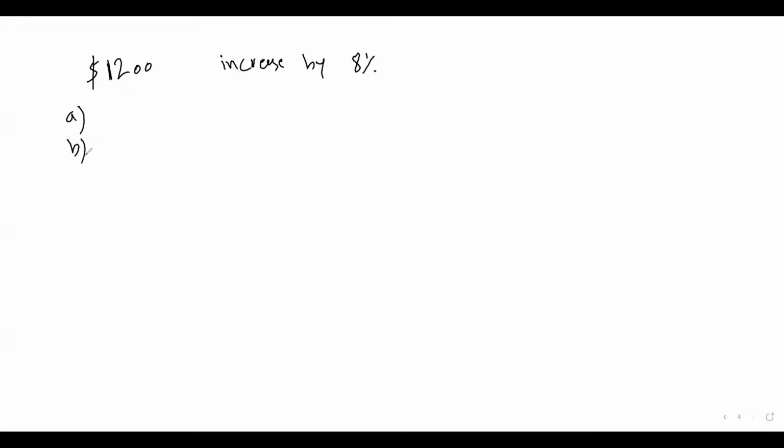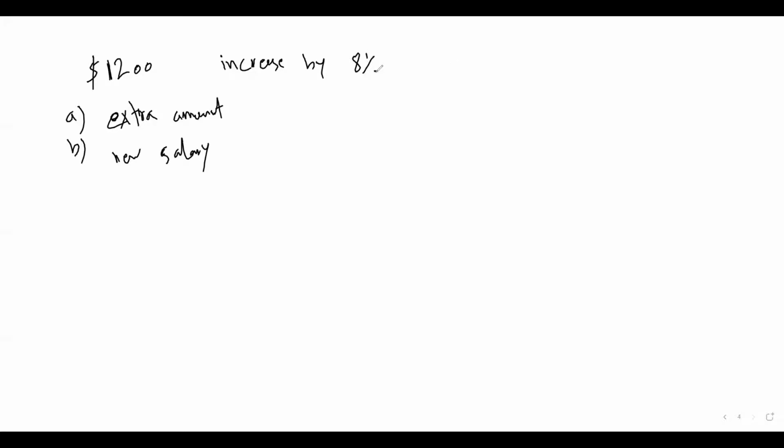So I can ask you two questions regarding that. First thing is, what's the amount extra? So basically the extra amount that you will receive starting from this month. And the second thing I can ask is, what is your new salary, right? So the extra amount is 8% of your current salary.